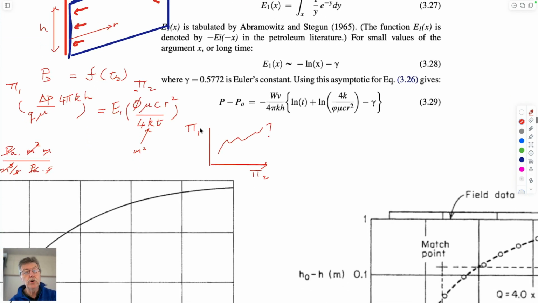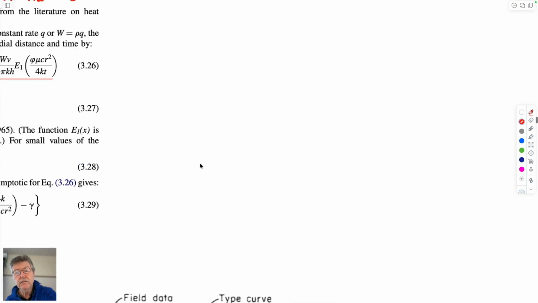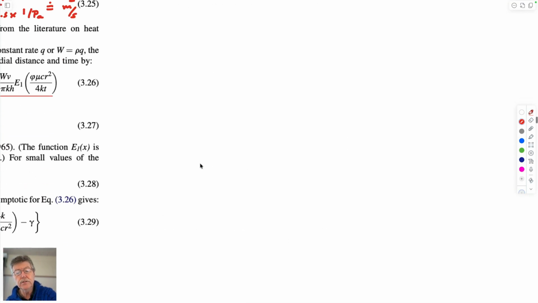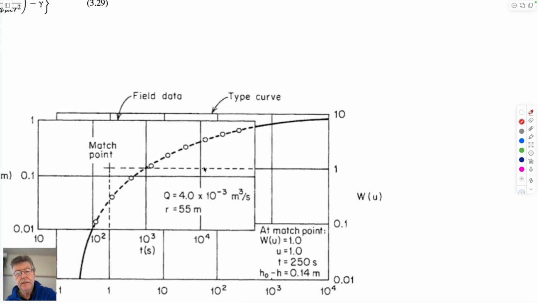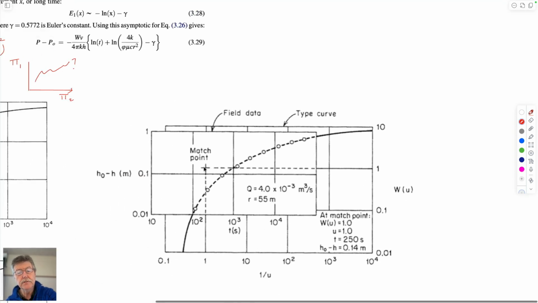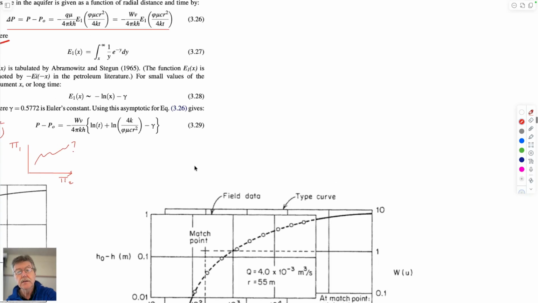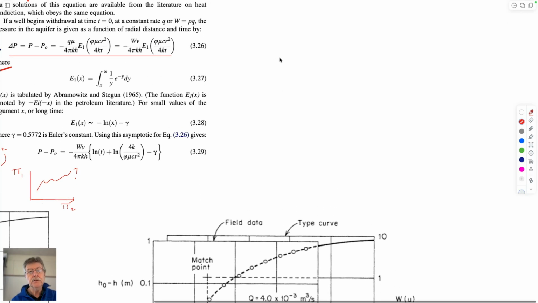So in theory, you could draw this curve if you know what this expression is. This isn't in Bixby's book. You could use those coefficients. And the essence of this is to do this. So you could plot dimensionless pressure with non-dimensional time.